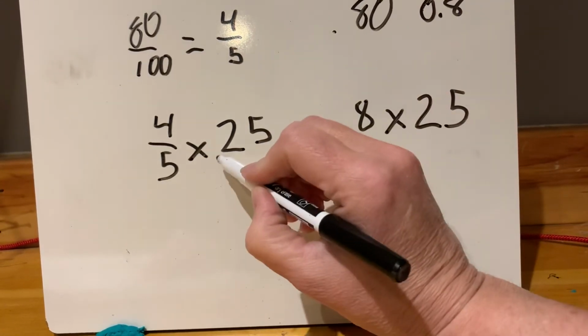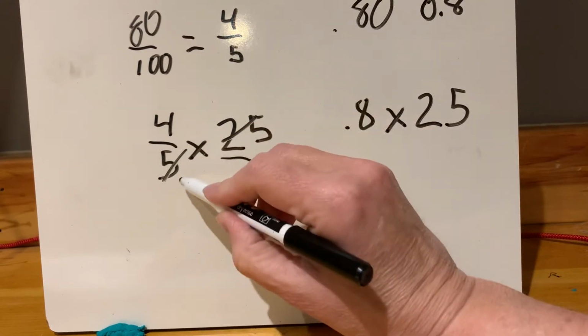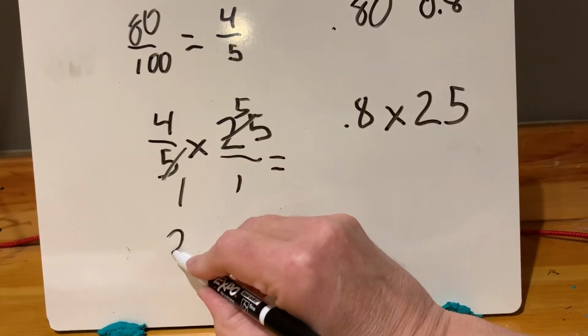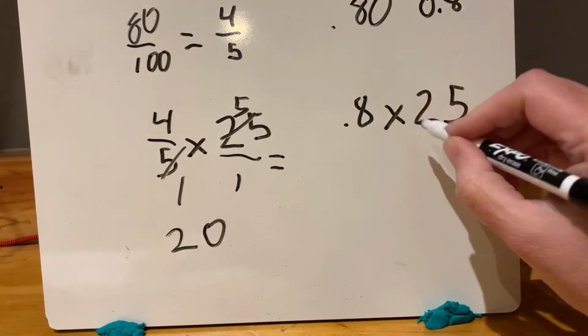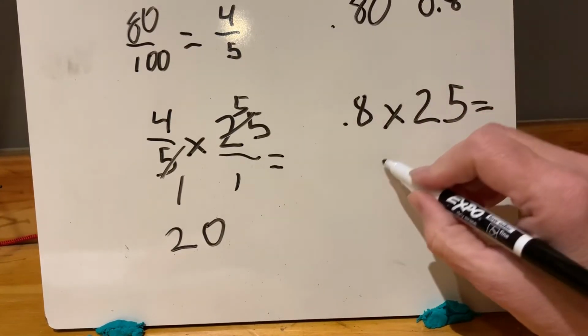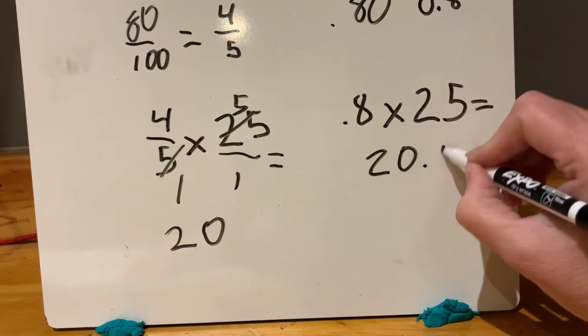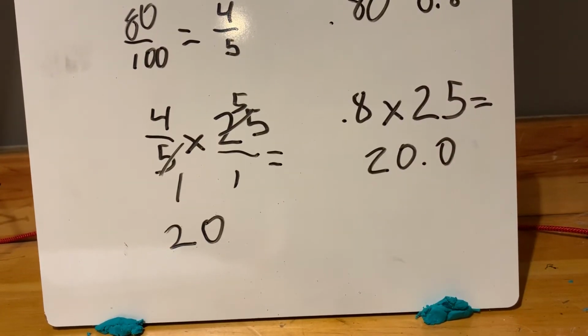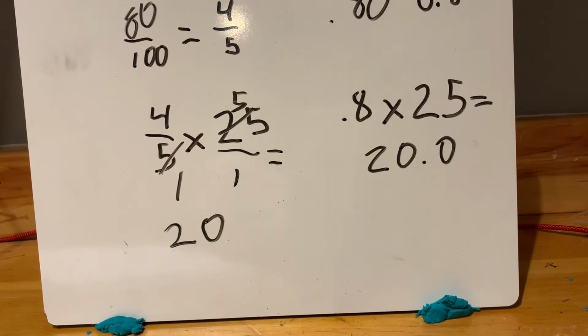When we do this, we find that this equals 20. So we find that Jamal correctly answered 20 questions.